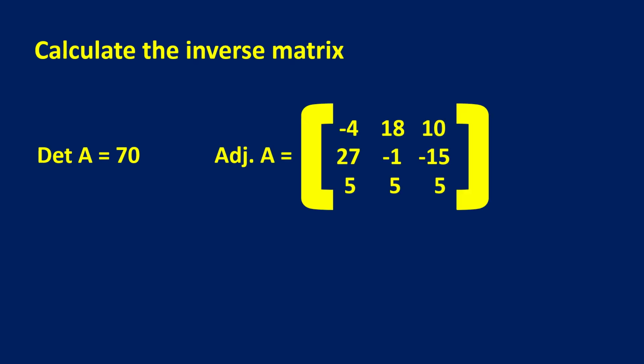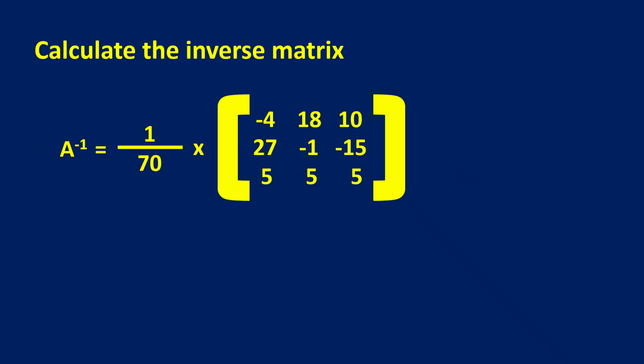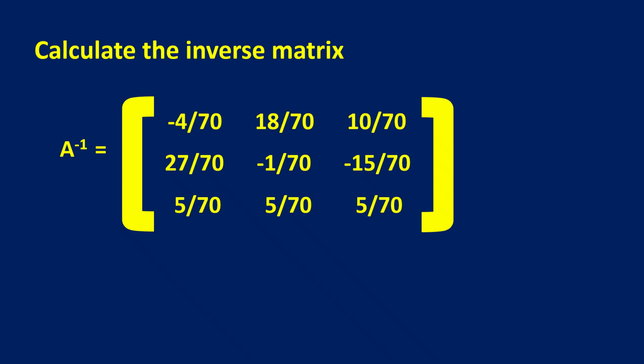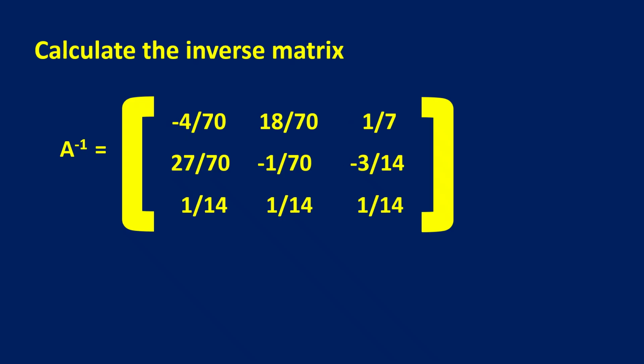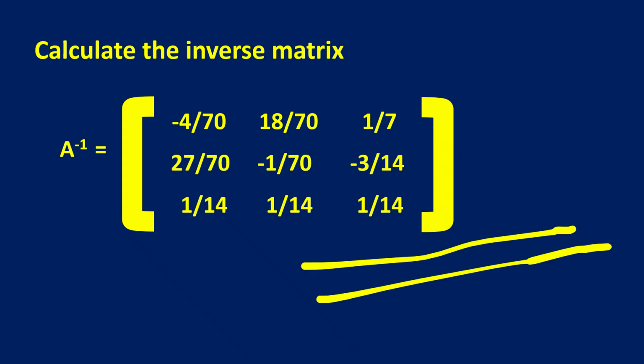And here is the adjoint A matrix that we have composed before. And putting all the numbers into the formula, here is the calculation of the inverse matrix of our example. And here is the inverse matrix of our example of the initial matrix A. And finally, here is the resulting inverse matrix in simplified fractions.